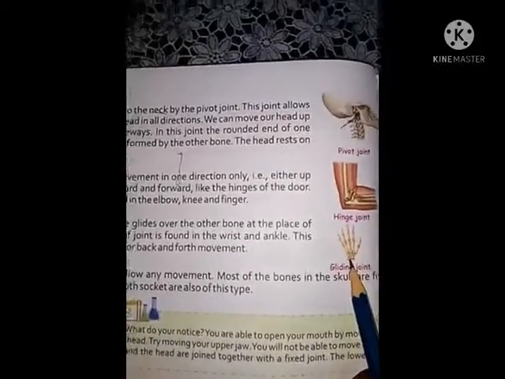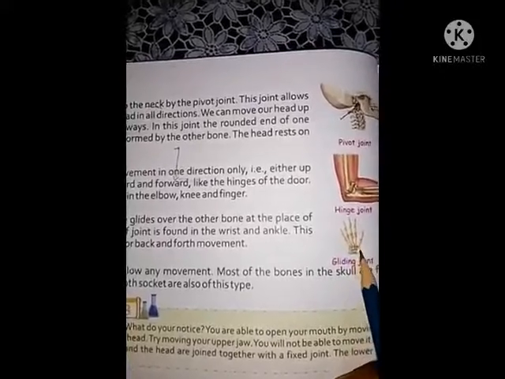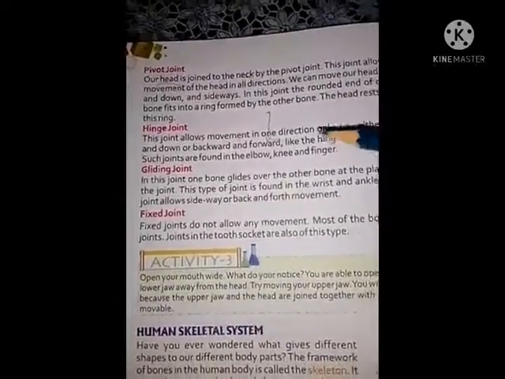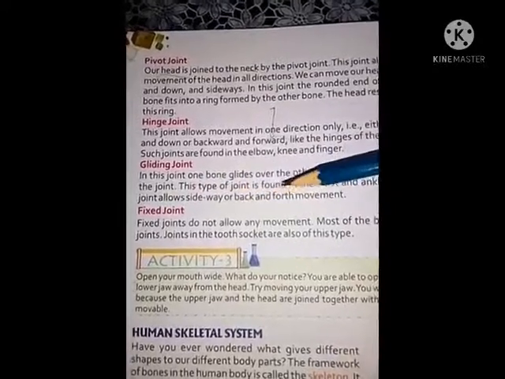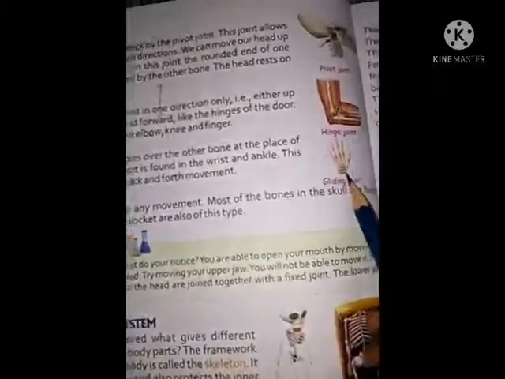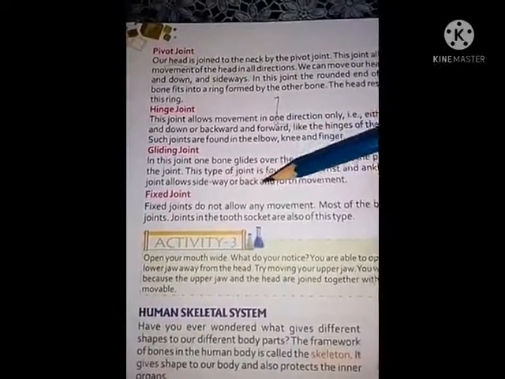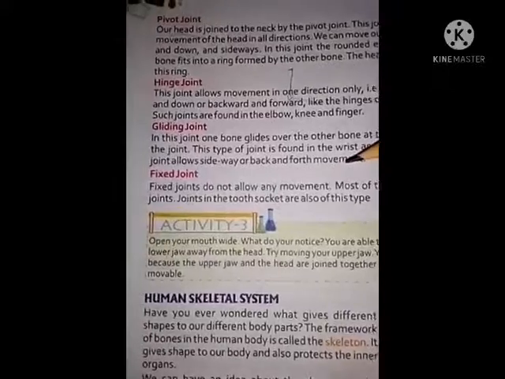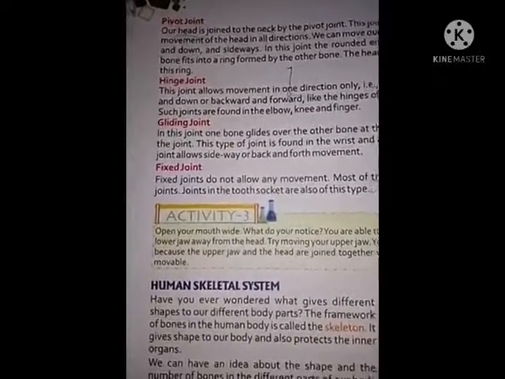Here, one bone glides over the other bone at the place of the joint. This joint allows sideway or back and forth movement. We can move the part sideway or back and forth.